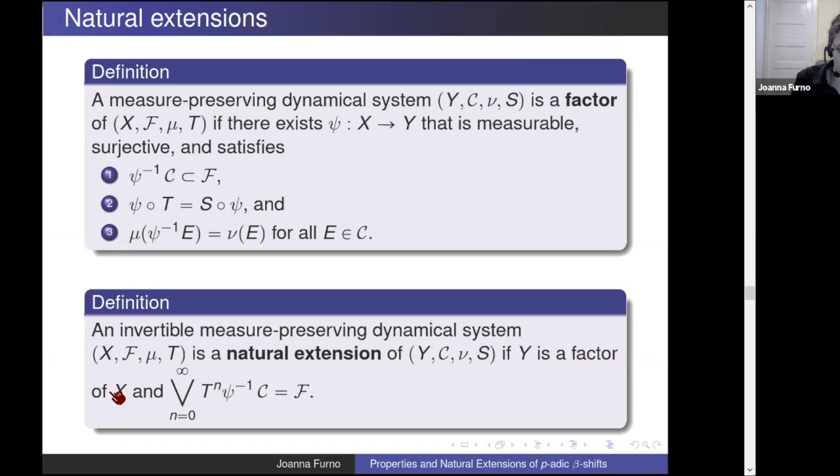So our invertible system is containing Y. I mean, Y could be invertible, but then its natural extension is just going to be itself. That'd be boring. This looks like a complicated condition, but the thing you want and what results from this is just that this is the smallest invertible system that contains your Y. Anything else that's invertible that has Y as a factor is going to also have X as a factor.